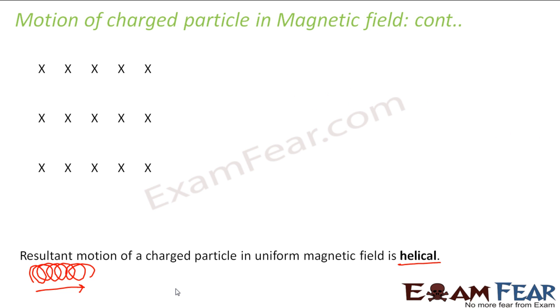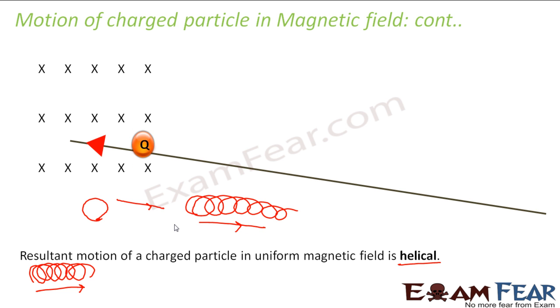When you combine both of these, it will move in a circular path as well as keep moving along this path. That means the linear path is also covered and the circular path is also covered. Therefore, the resultant motion would be somewhat like this, and this is known as a helical motion.